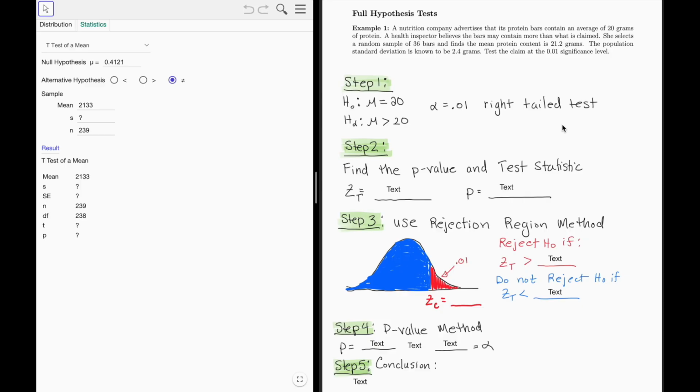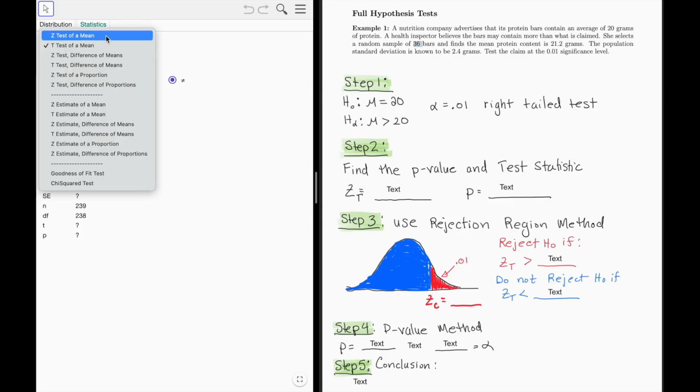Now, because we know what the population standard deviation is, that meets the first condition, and we have a sample of over 30 bars, that meets the second condition, so we will be using a z-test. I'm going to come over to GeoGebra, and I'm going to choose z-test for mean.